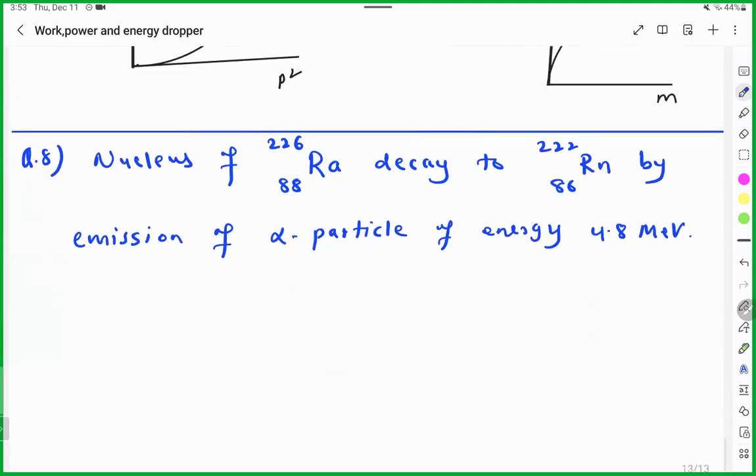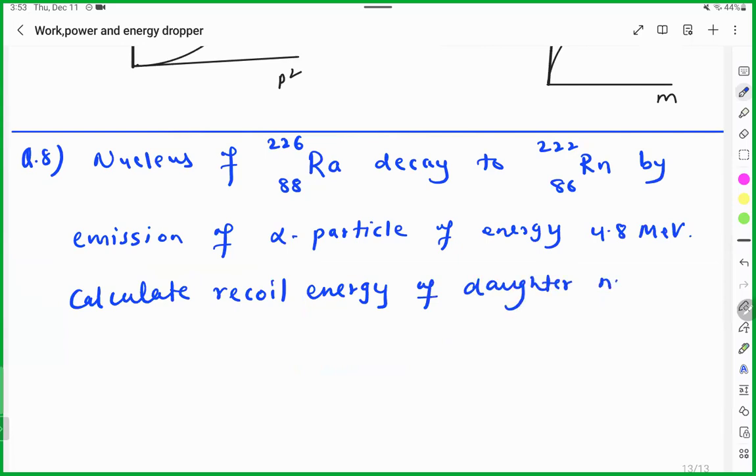If the masses of radon and alpha particle you already know, then calculate the recoil energy of the daughter nucleus of radon 86 and 222.